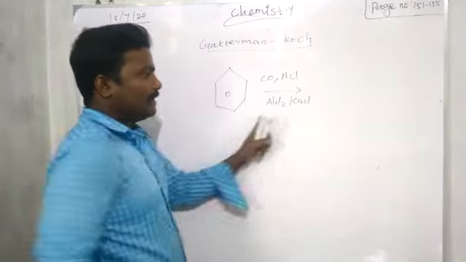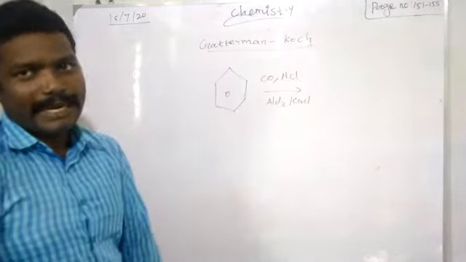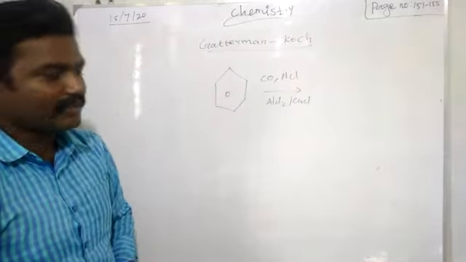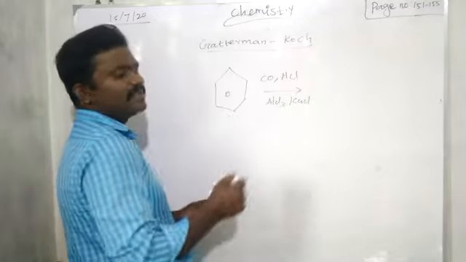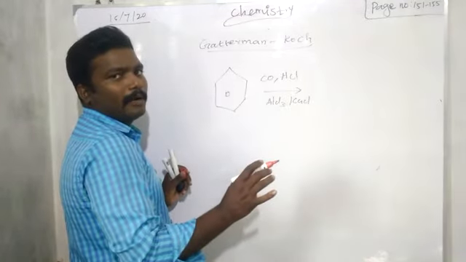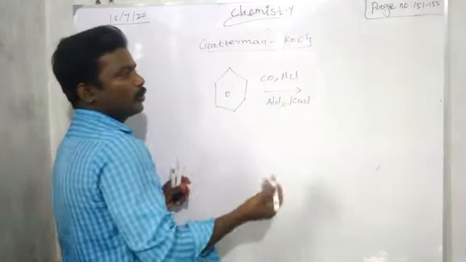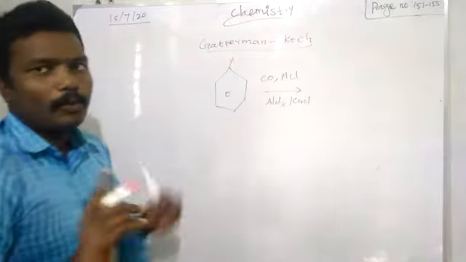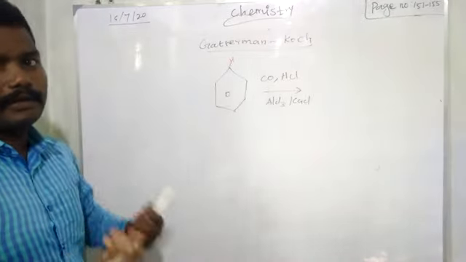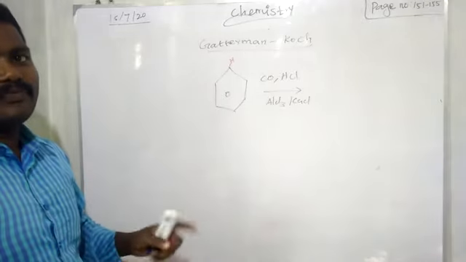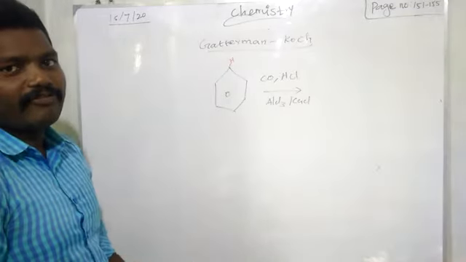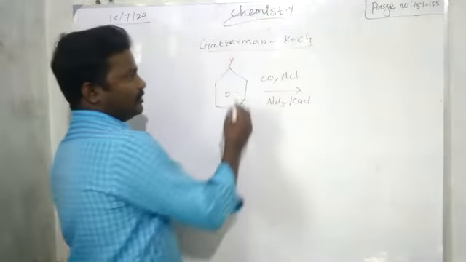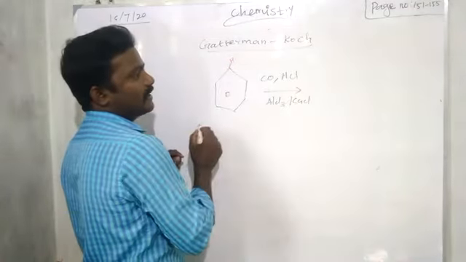AlCl3. These are the Friedel-Crafts catalysts. Only this group will undergo reaction with this benzene ring. What will happen? Very simple. We want to prepare what? The CHO group. So if you see, at every corner we have one hydrogen, but for writing purposes we are not indicating it. If anything is added in the corner, we can remove that hydrogen. So already we have one hydrogen here.